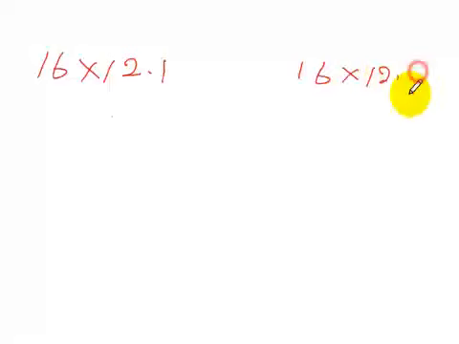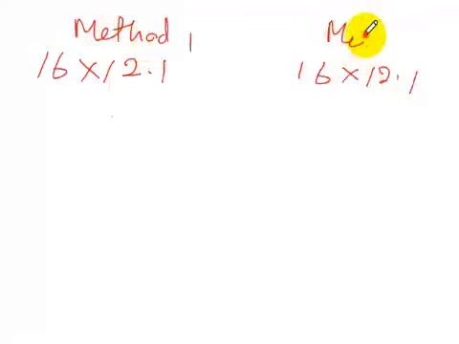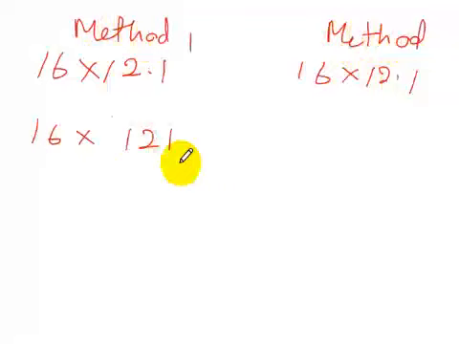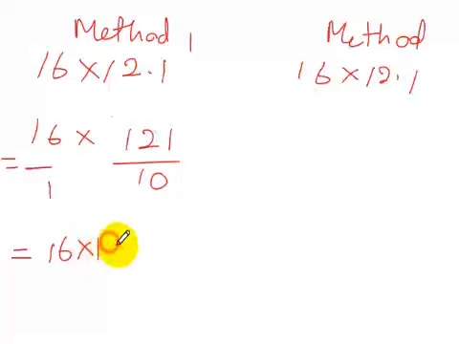Here we use method 1, then method 2. 121 has one decimal place, therefore I divide it by 10. So 1 remains in the denominator for 16. Now you can multiply the two numerators, 16 into 121, and 1 into 10.